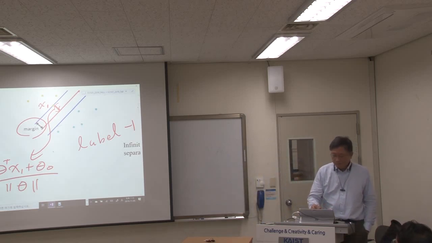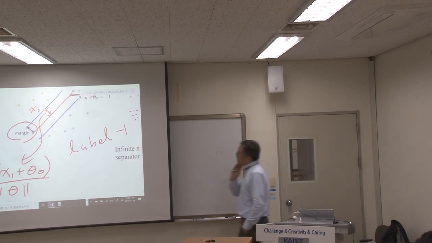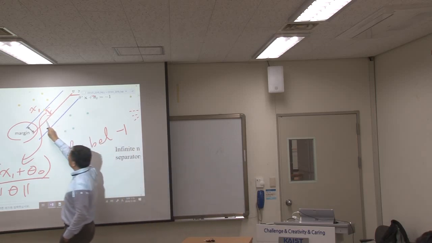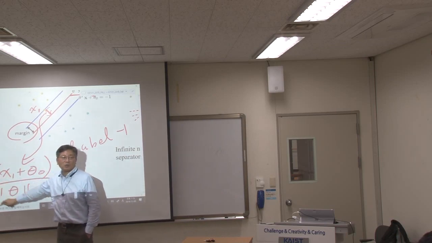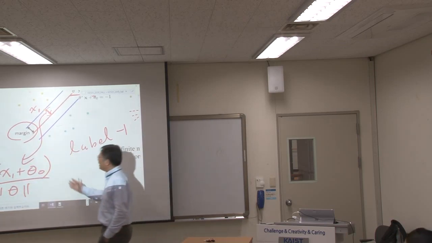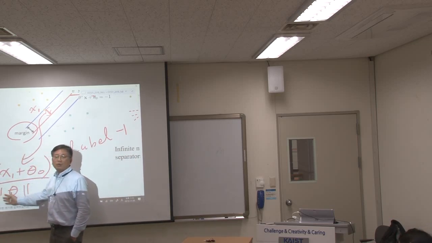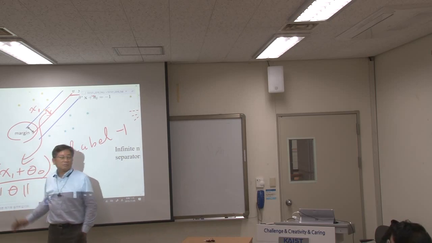Now, this is predicting, okay, so if it lies above this line, what would be the sign of this value? If it lies above the line, what would be the sign of this value? Positive.